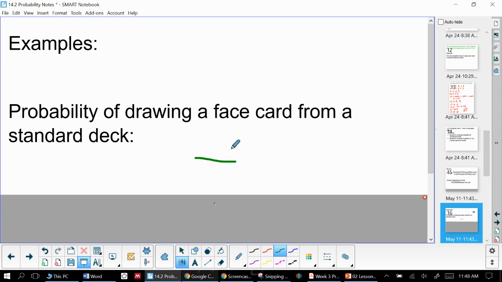So for face cards, we're talking about all the jacks. It's 4 jacks, 4 queens, 4 kings. So there's a total of 12 face cards out of 52 possibilities. And so that's our probability. Now we'd want to simplify that as much as possible, which ends up being 3 out of 13 when we simplify it. Or we could leave it as a decimal. That would be fine too. But we always want to simplify those fractions if we can.